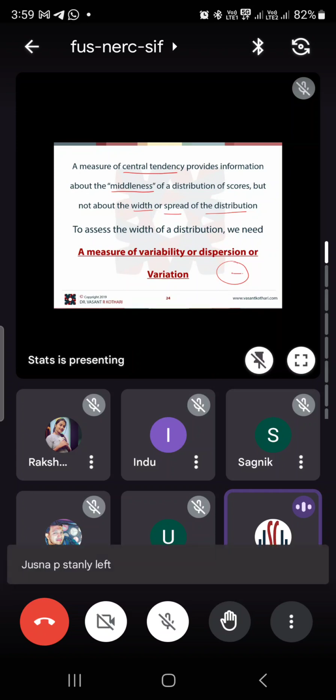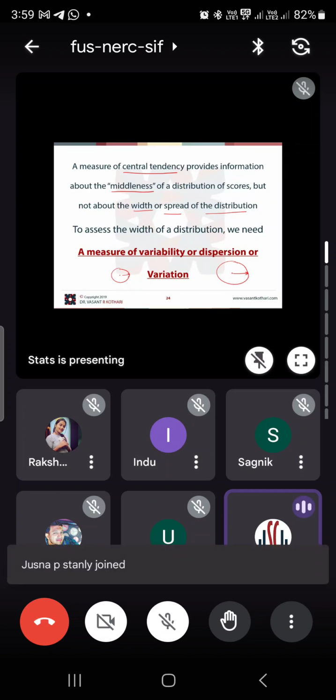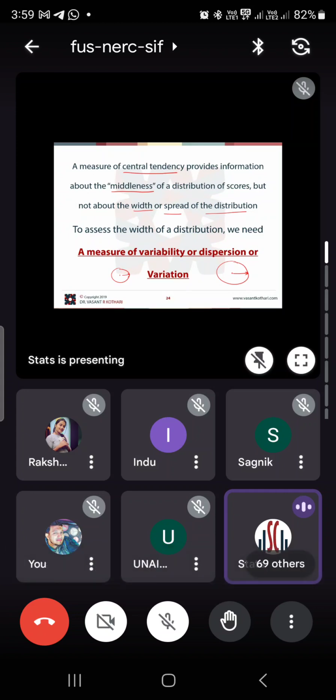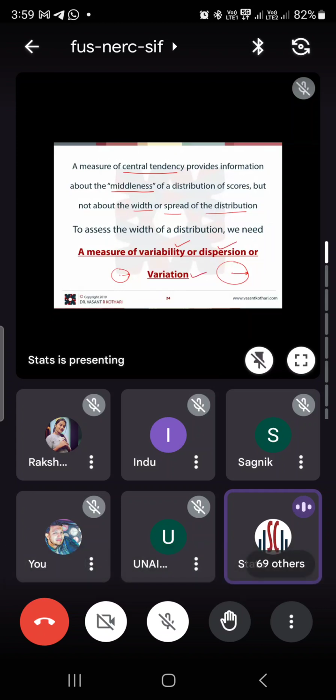For example, see here, this data is distributed this much and this data is distributed this much. So we need to find the width of the distribution, how much the data is spread around the center. For that we need to find the variability, dispersion or variation of the data.